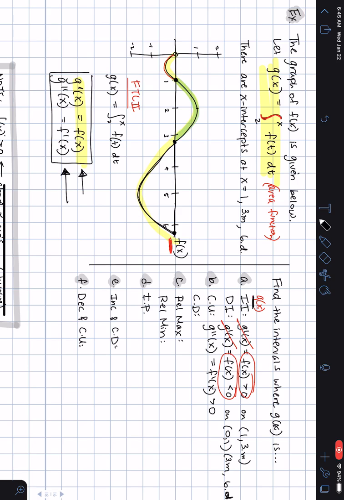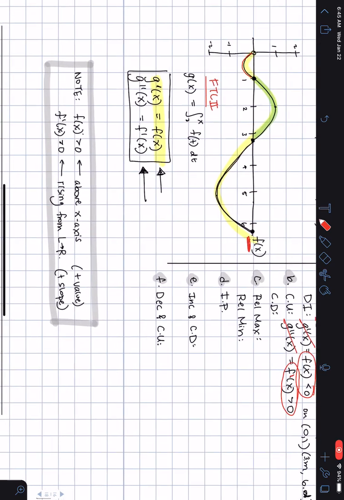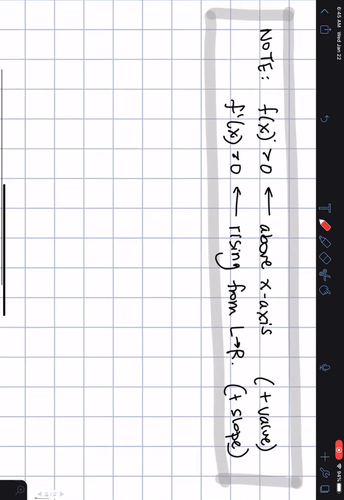Okay, now slow down for a second. So we're focusing, again, our graph is in terms of f, so we're going to focus here. If f prime of x is greater than 0, that means that the slopes of f are positive. That means that f should be increasing, right? We've talked about this before, but write it down right now.